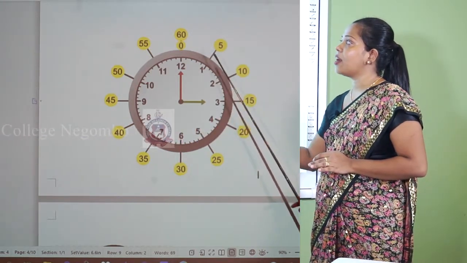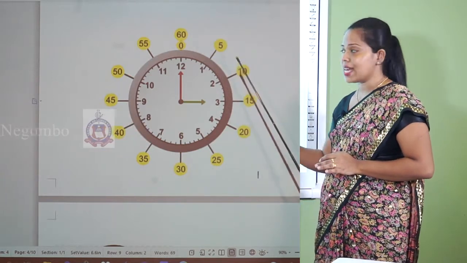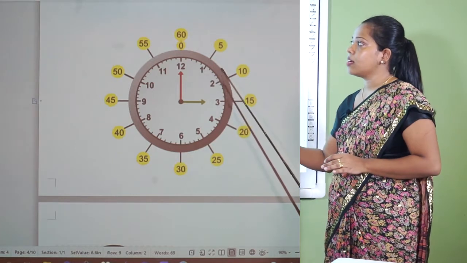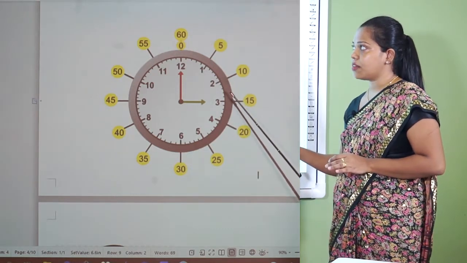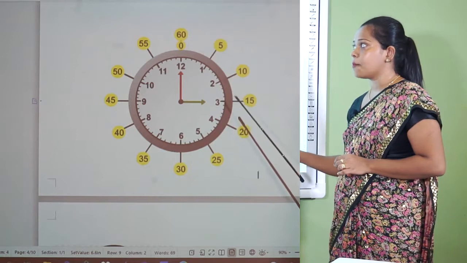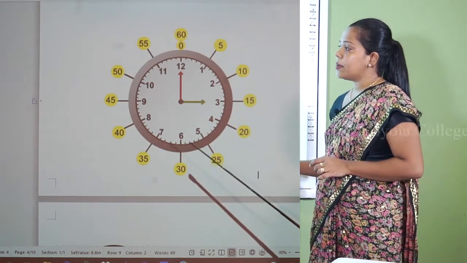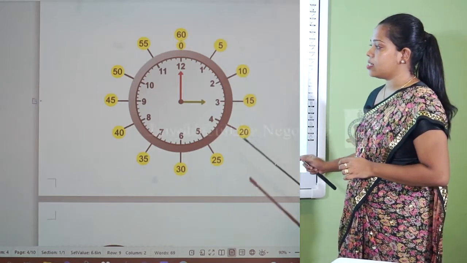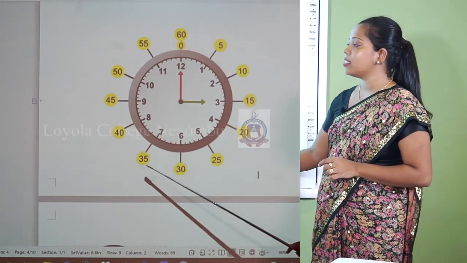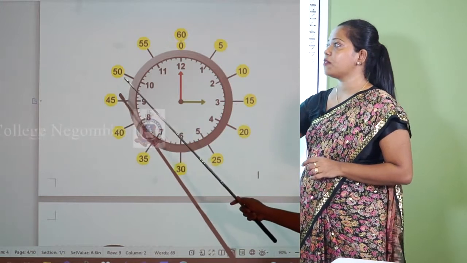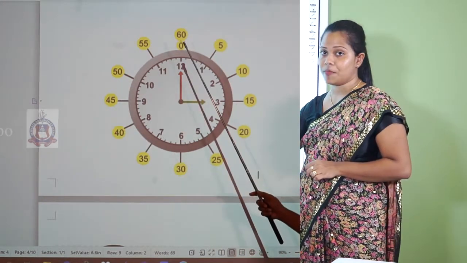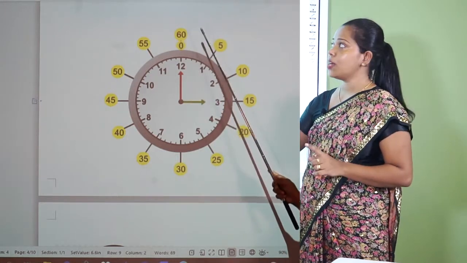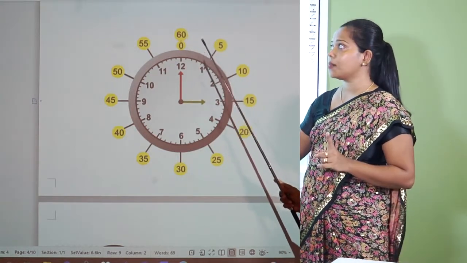It's here 5 and here 5, it's 10. 12 to 3, how many minutes? Here 5, here another 5 and here another 5. So it's 15. Likewise every gap has 5 minutes. So it goes like 5, 10, 15, 20, 25, 30, 35, 40, 45, 50, 55, 60. That means 60 minutes. So 60 minutes equal 1 hour.